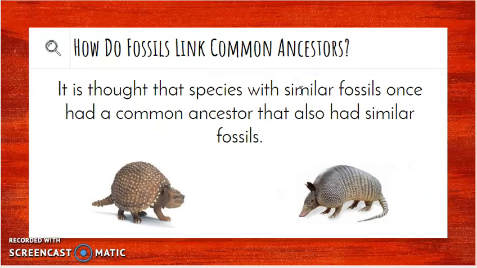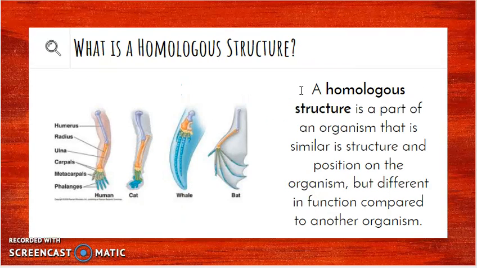Fossils are extremely important in determining common ancestors. It's thought that species with similar fossils once had common ancestors that also had similar fossils. So here's one example of how we use those common similarities. We call them homologous structures.